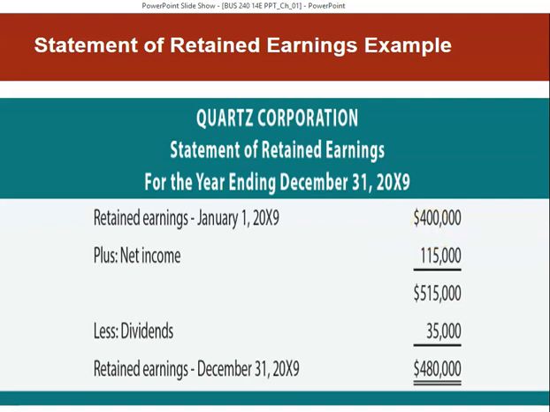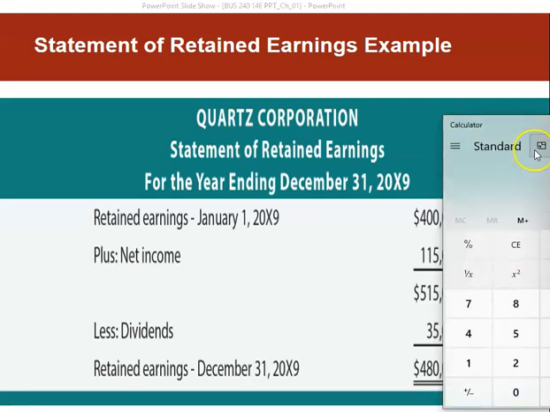So what is this $400,000? Is that stockholders' equity? Well, yes and no. It's part of stockholders' equity. This $400,000 is the amount of profit that Quartz Corporation has both made and retained since the beginning of time. Whether they've been open for 1 year, for 5 years, 20 years, doesn't matter. Let's say that they've been open for 10 years and they've made an average net income of $100,000 a year.